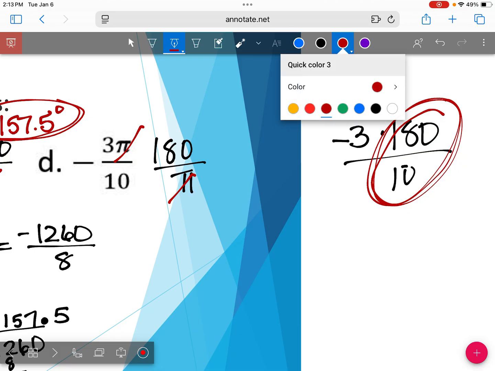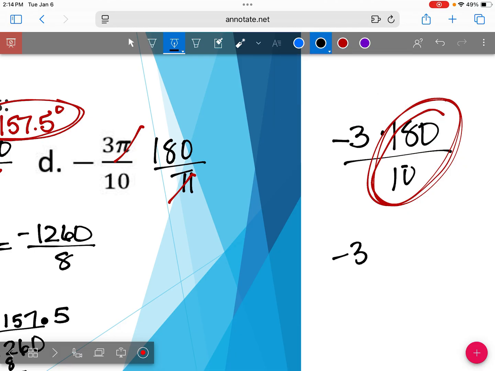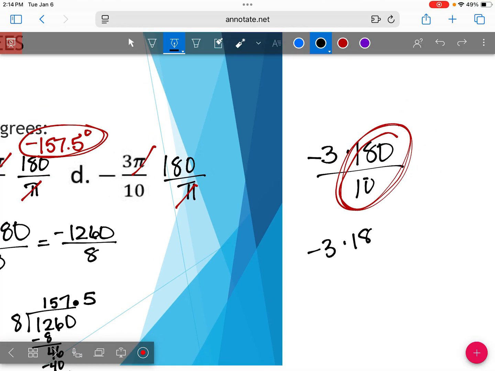So then we just have negative 3 times 18. Go ahead and do that off to the side. We should get 54, negative 54 degrees. That is the answer to question D.